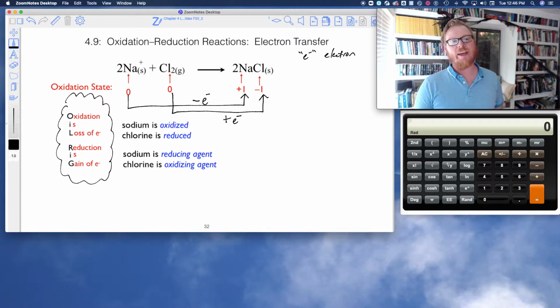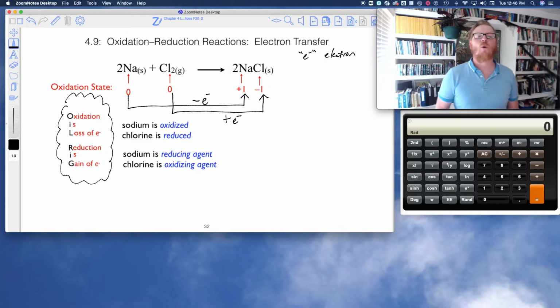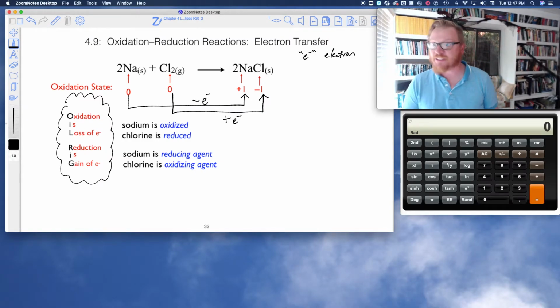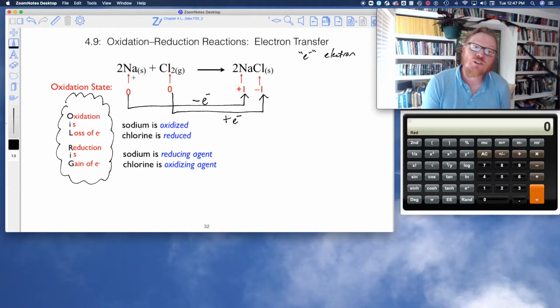So if sodium is oxidized, who did the oxidation? Well, chlorine did, right? Sodium is not going to auto-oxidize. It's not going to oxidize by itself. Something has to oxidize it, and that's the chlorine. On the other hand, chlorine is reduced. It's not going to get reduced by itself, so sodium had to do the reducing.